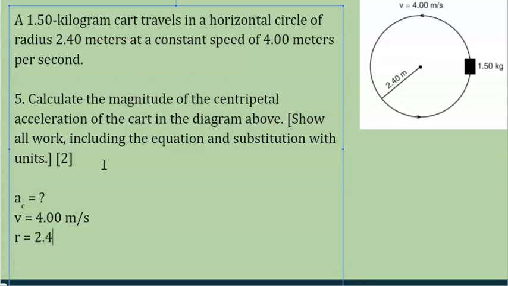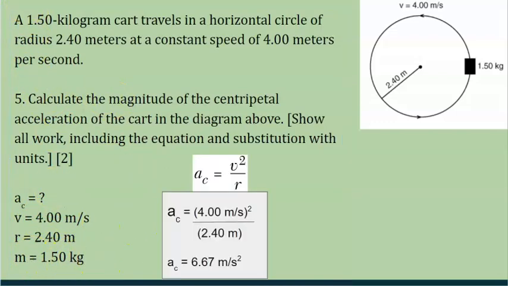I also have the mass, 1.50 kilograms. I am going to be using ac equals v squared over r because I have v and I have r. And you don't have to worry about the mass. It's there, but you don't actually need it for question 5. So this is what I plugged into my equation, 4 meters per second squared divided by 2.4, and I got 6.67 meters per second squared.